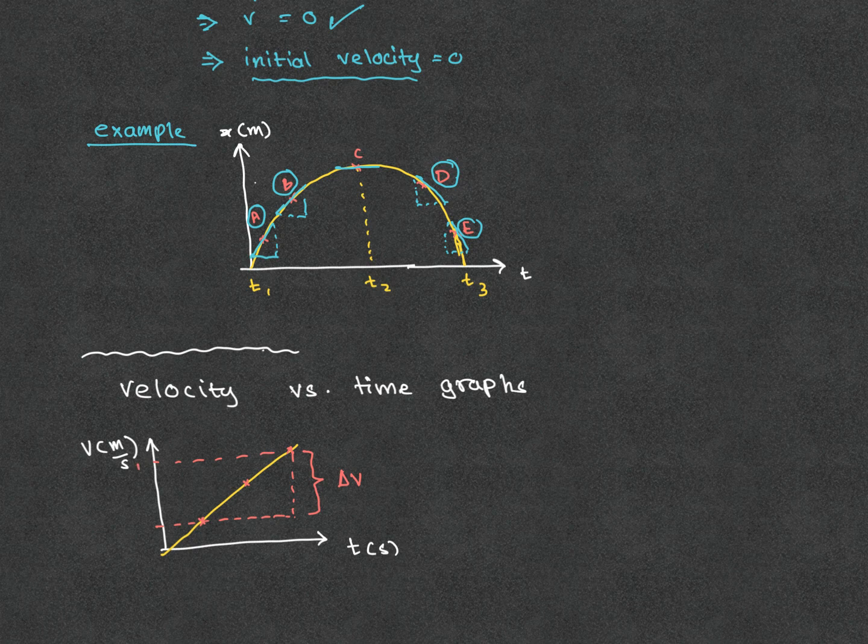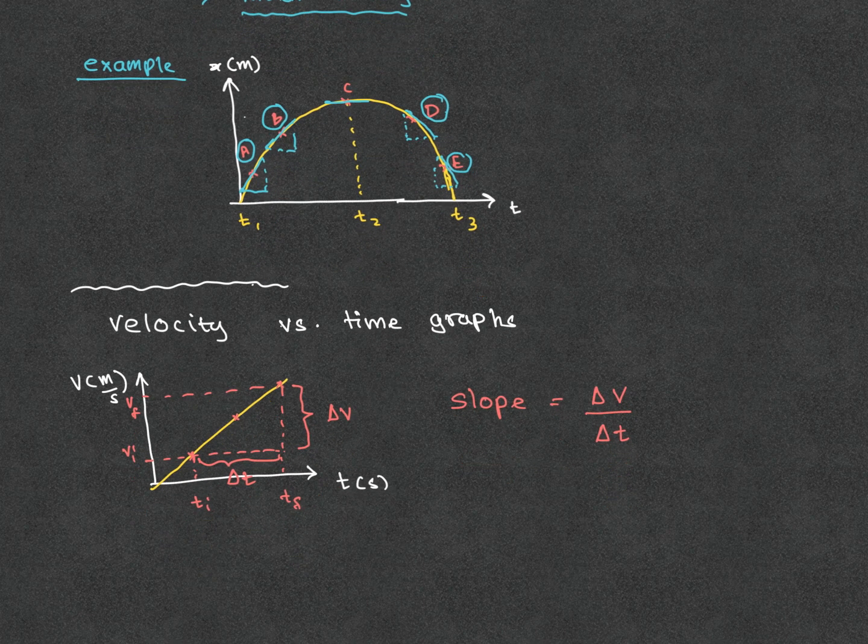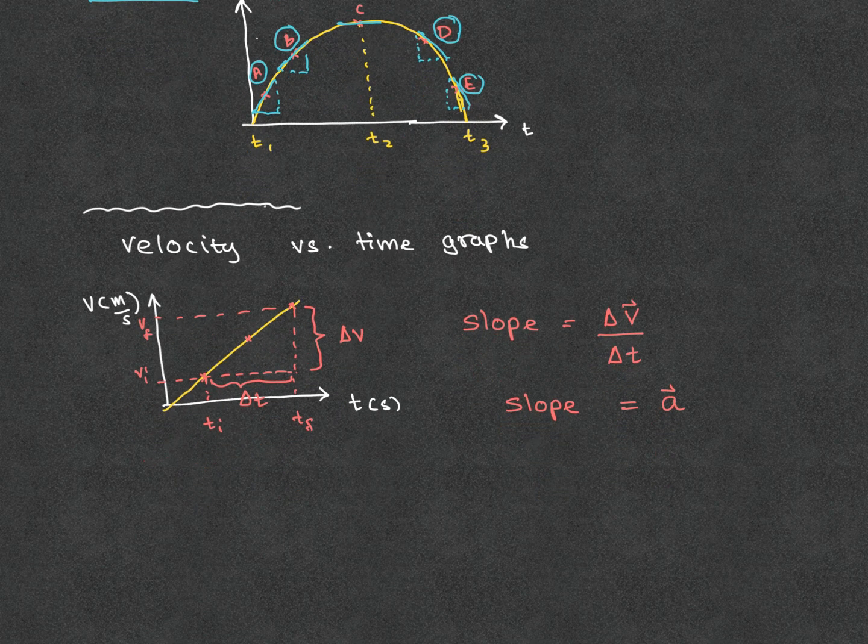And if you take this to be V final, that is V initial, then this goes as delta V. And then the same over here, T initial, T final, and this goes as delta T. So when the slope equals delta V over delta T, that tells us the slope of the velocity versus time graph is nothing but the acceleration. So here we have a positive acceleration given by this yellow line.